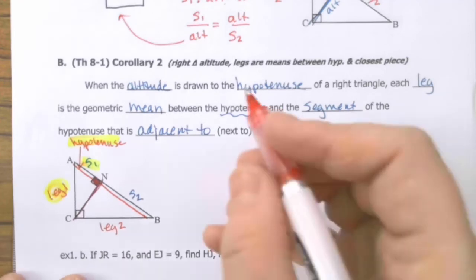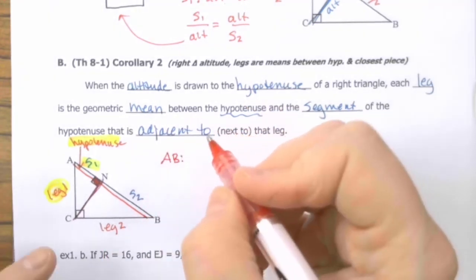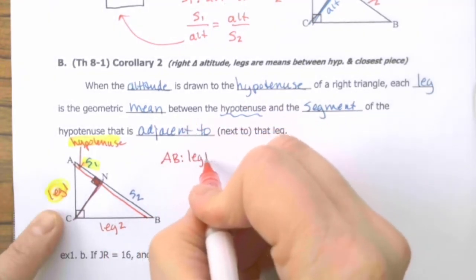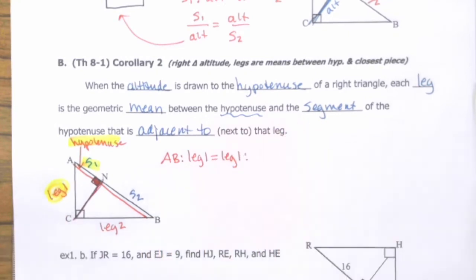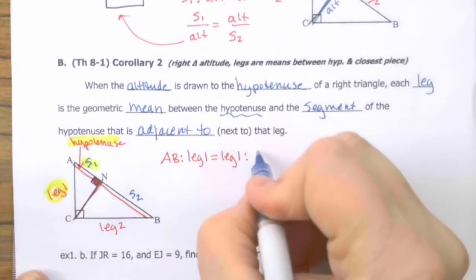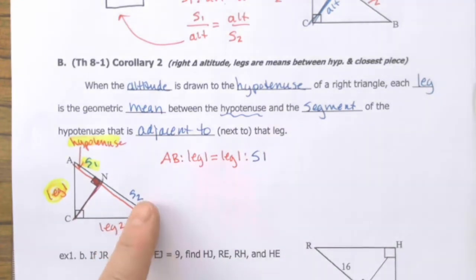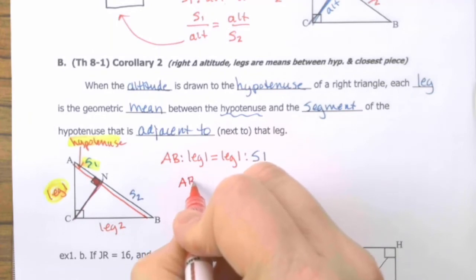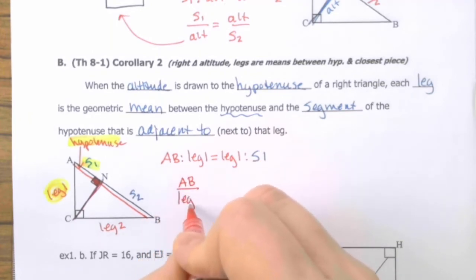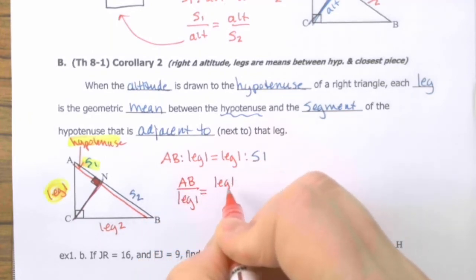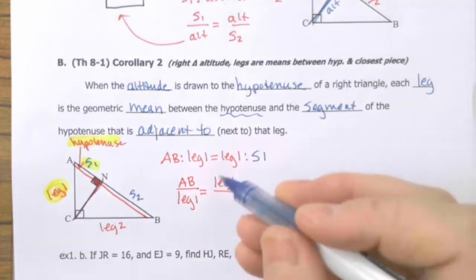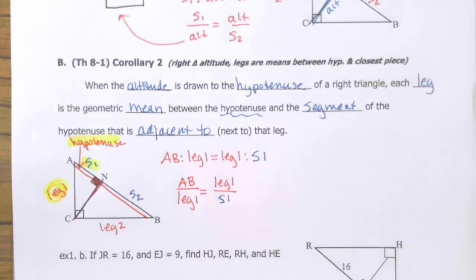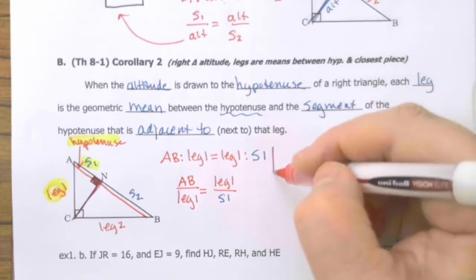AB is the hypotenuse, so AB, then leg 1 equals leg 1, and segment 1. So hypotenuse and the segment next to it. Making this into an equation, we have AB, the hypotenuse, over leg 1 equals leg 1 over segment 1. All right, that's one of our relationships.